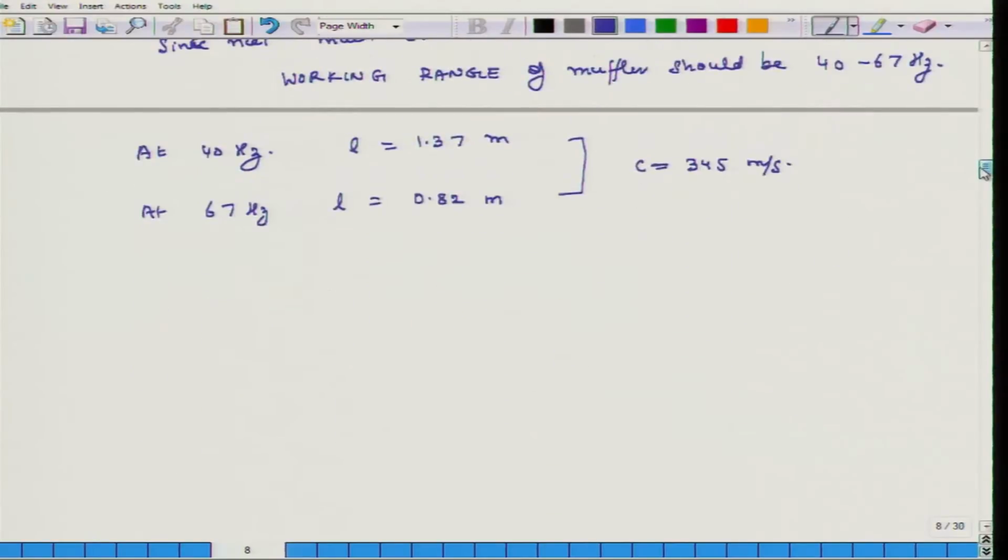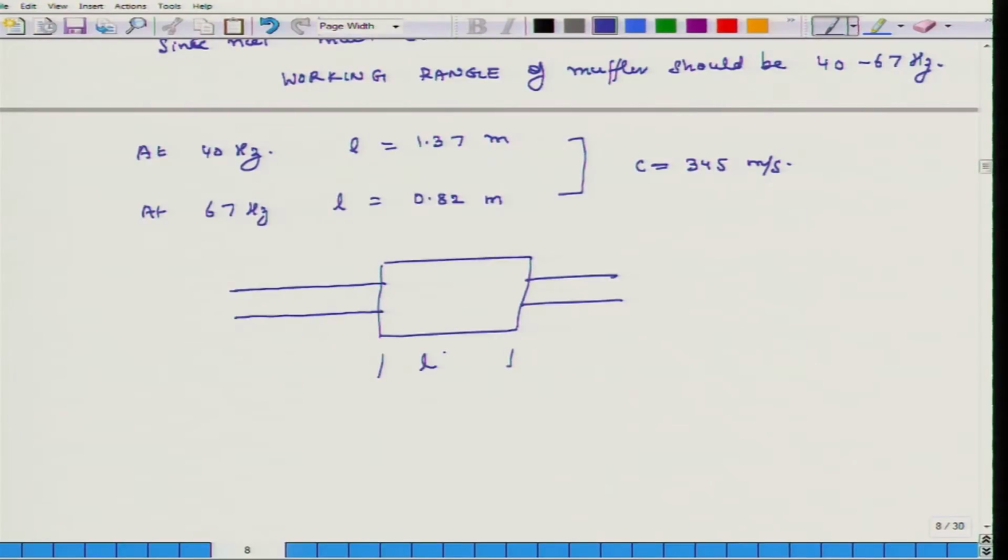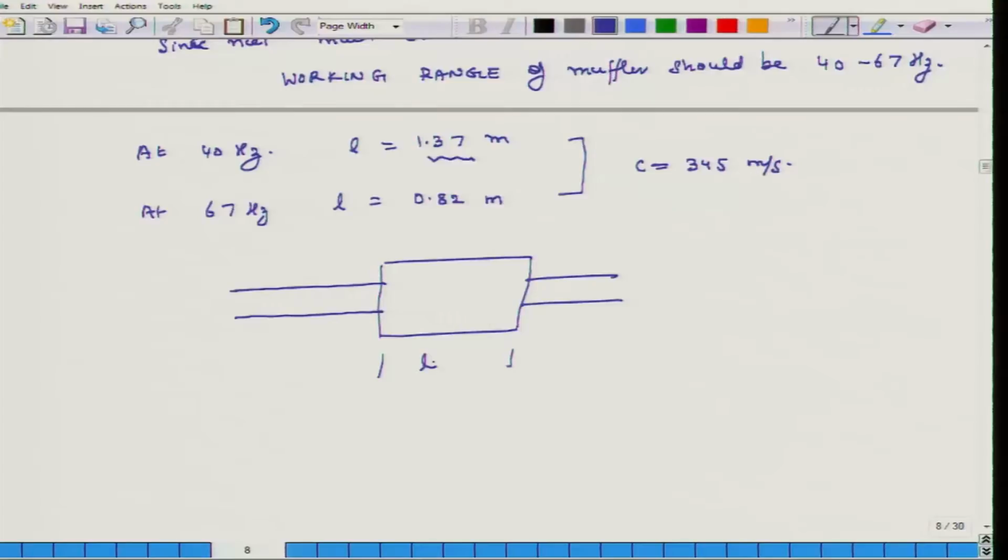So, what does that mean? If I have a silencer of this type and I want to kill 40 hertz sound very effectively, then the value of this parameter L should be 1.37 meters.